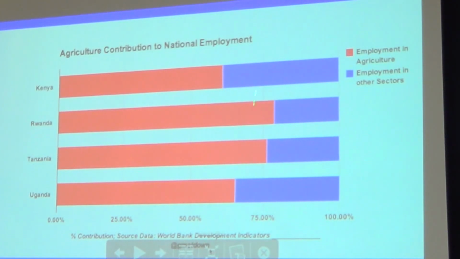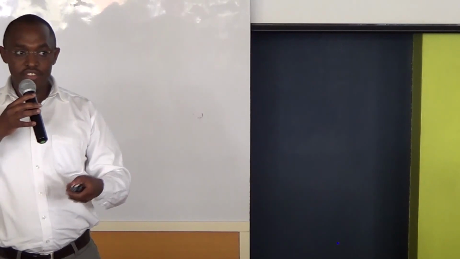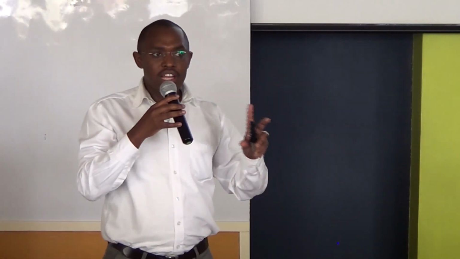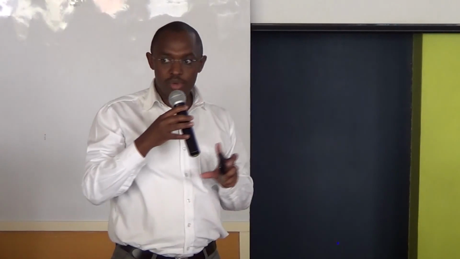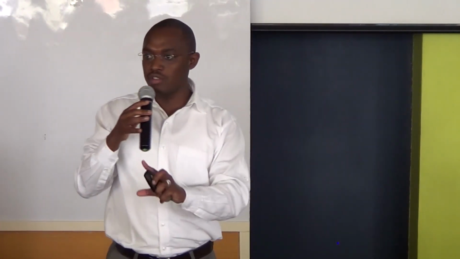Of course, those numbers compare quite favorably within the region, but that could be different if you go beyond the region. But while we investigate this issue of agricultural productivity a little more, a lot of conversations around productivity have been around productivity per acre, number of tons or bags of produce per acre.